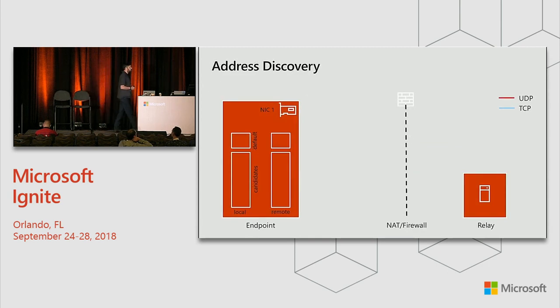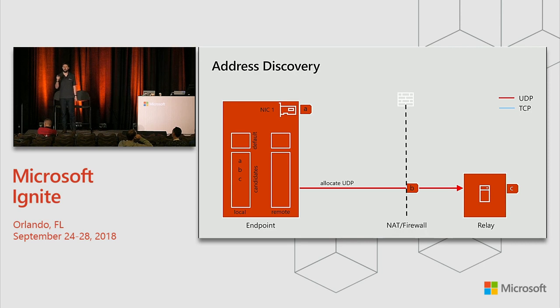So how does this address discovery work? First of all, we have an IP address. It's on our NIC. We know this, right? So our client starts up and knows, oh, this A, that's my IP address, I'll add that to my list. What we then do, we talk to the media relay over 3478, and the media relay says, oh, this external IP address, we call this the reflexive IP, with this corresponding port, that's where you can find me.